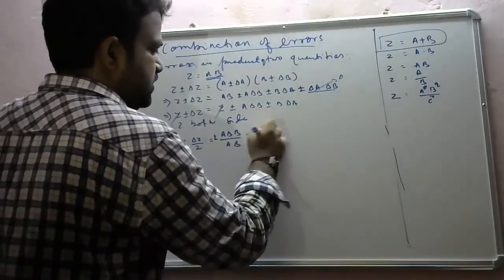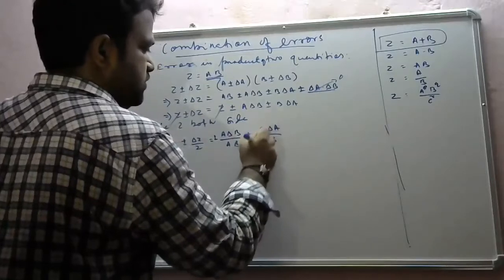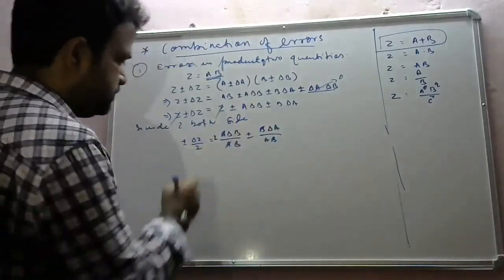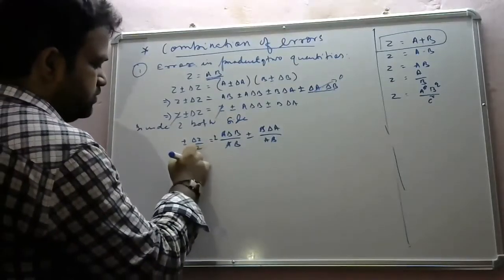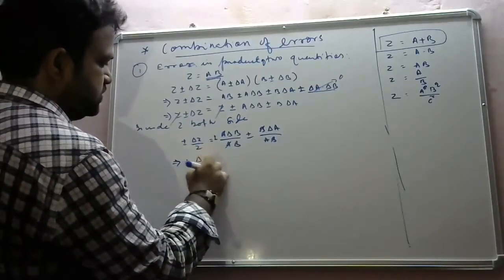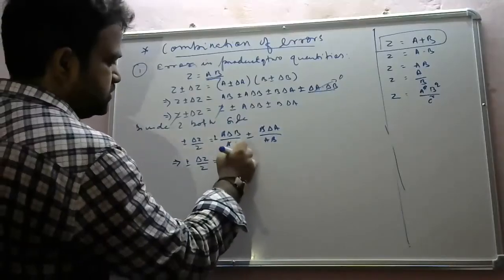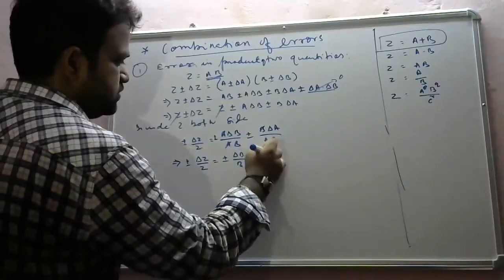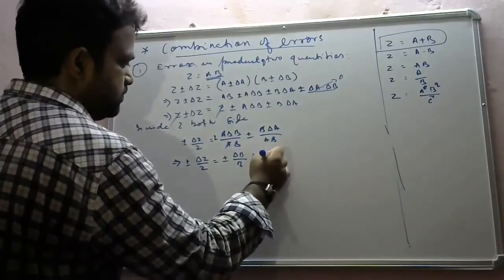B cancelled, A cancelled. So you can see what remains: plus minus delta Z by Z is equal to plus minus delta B by B plus minus delta A by A.